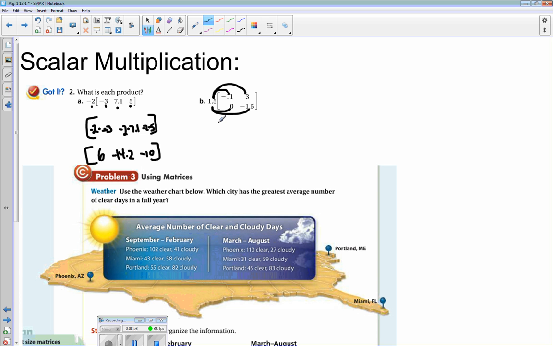So when you do this multiplication, you get 1.5 times negative 11, and that would be negative 11 plus negative 5.5, which is negative 16.5. 3 times 1.5 is 3 plus 1.5, which is 4.5. This one is easy. 1.5 times 0, and 1.5 times negative 1.5 is negative 2.25.